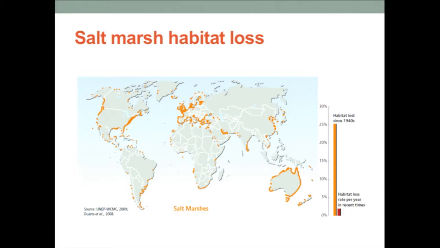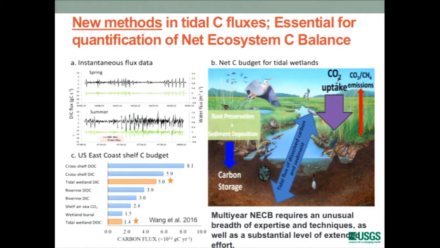The point is that we're losing these carbon stores, and at a dramatic rate, and ways in which we can improve the modeling and measurement of this carbon and these fluxes is really the focus today. And so I'm going to end on this slide right here, which really gets to this idea of new methods in different types of carbon fluxes in these coastal ecosystems, again, these tidal systems like salt marshes.